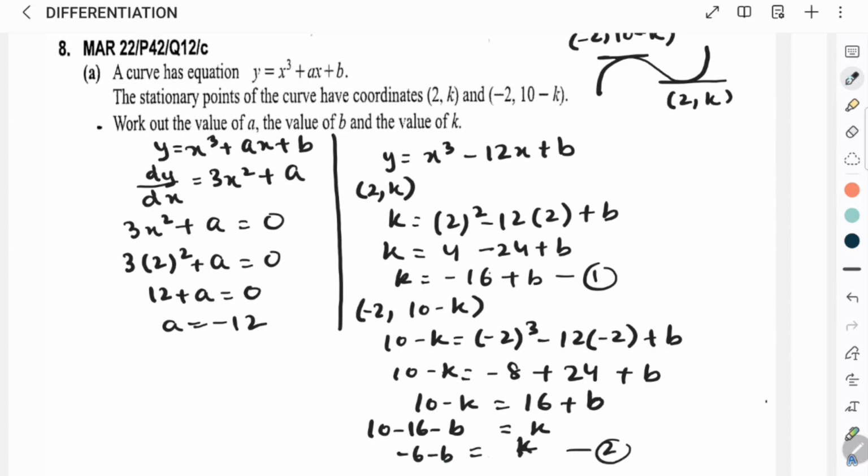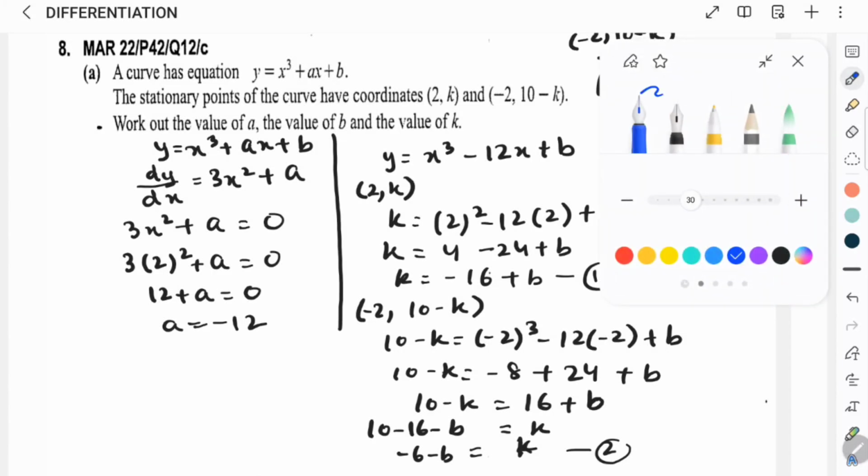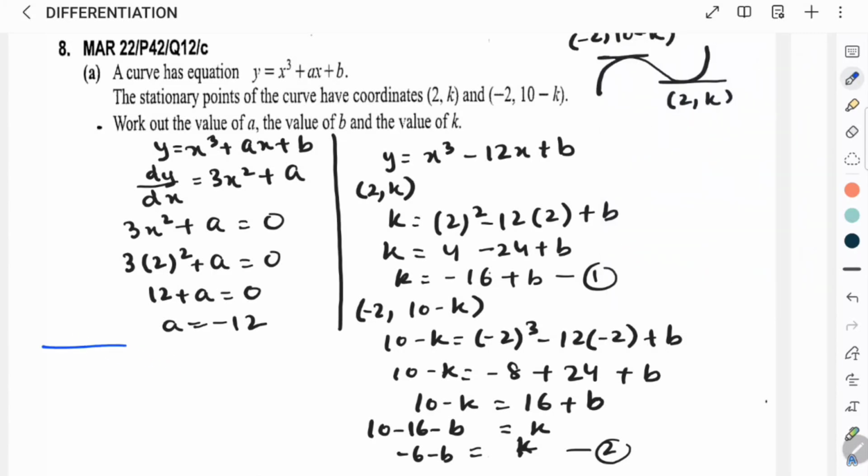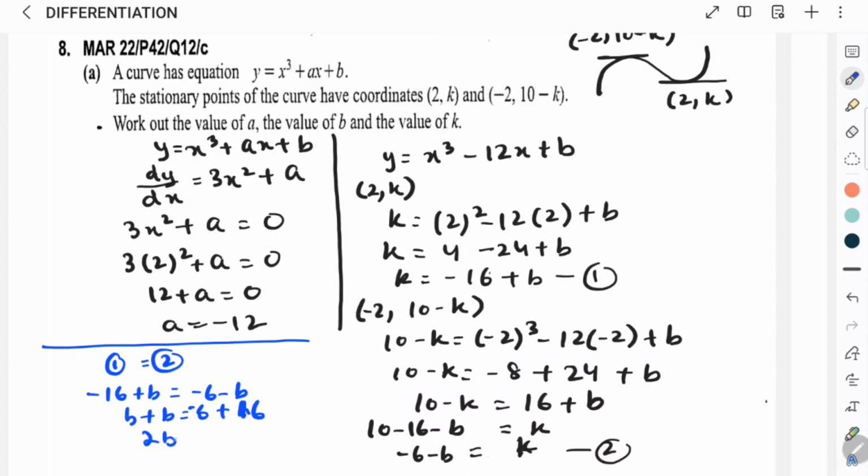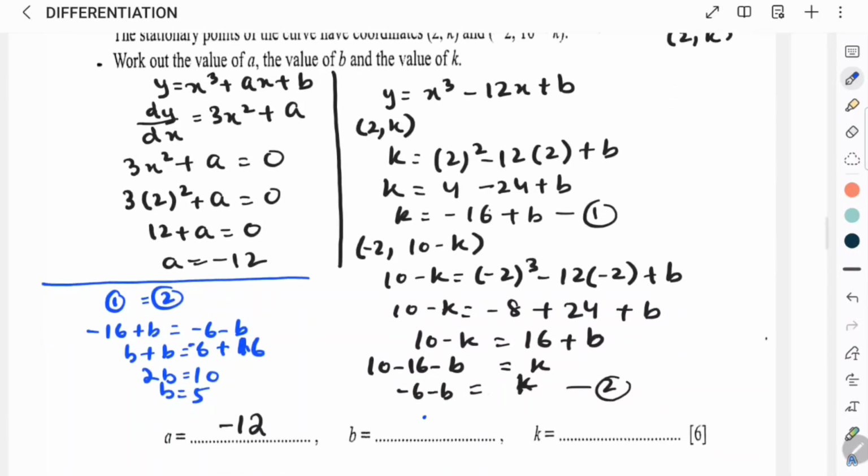So we can solve them simultaneously, since 1 and 2 are equal, because in both I made k the subject. Then minus 16 plus b is equal to minus 6 minus b. b plus b is equal to minus 6 plus 16, so 2b is equal to 10, and b is equal to 5.